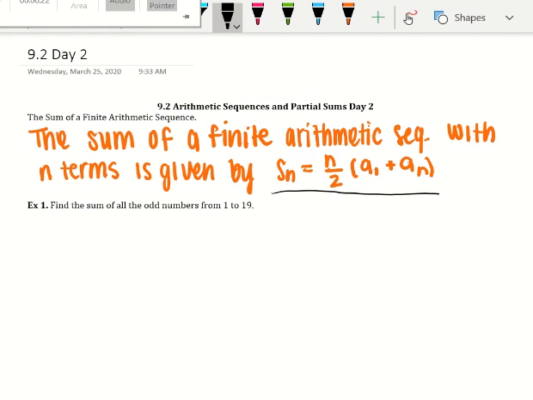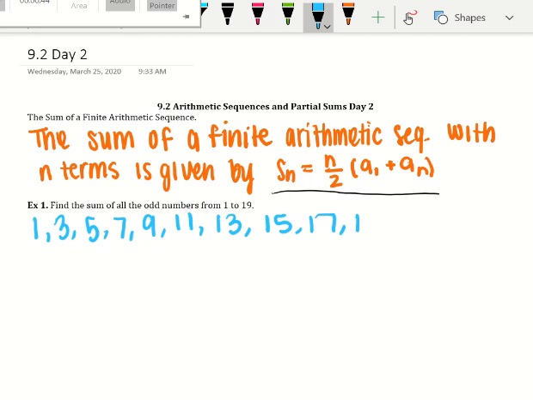So example number 1 says find the sum of all the odd terms from 1 to 19. And we're going to go ahead and start by writing that out. So all the odd terms are 1, 3, 5, 7, 9, 11, 13, 15, 17, and 19.